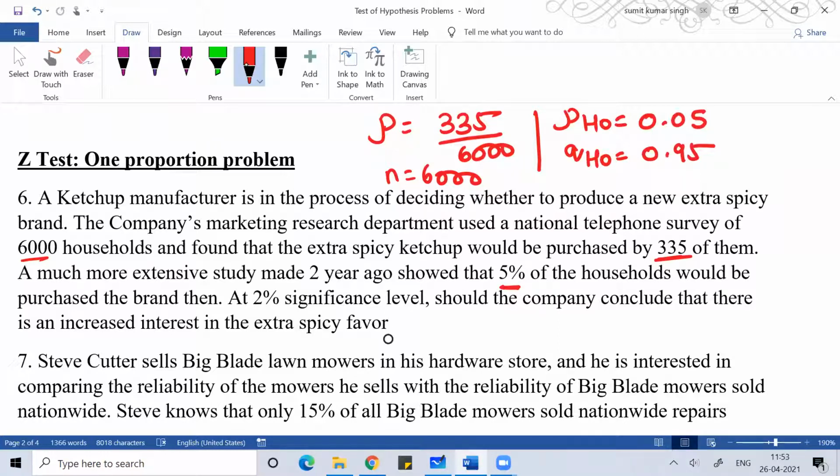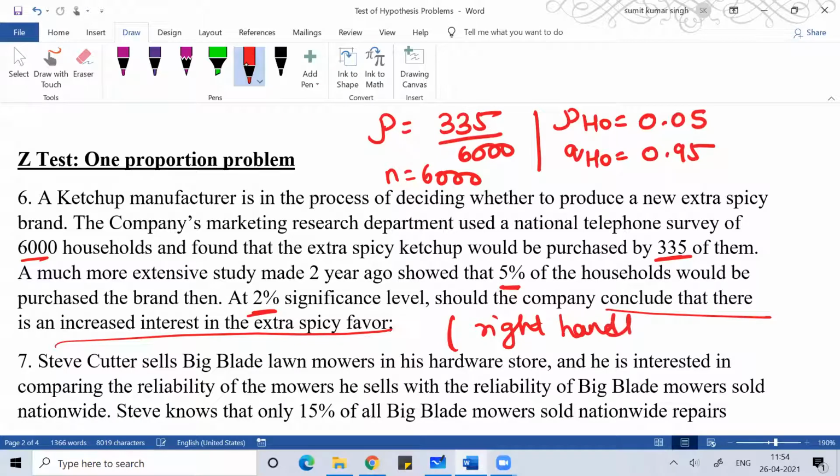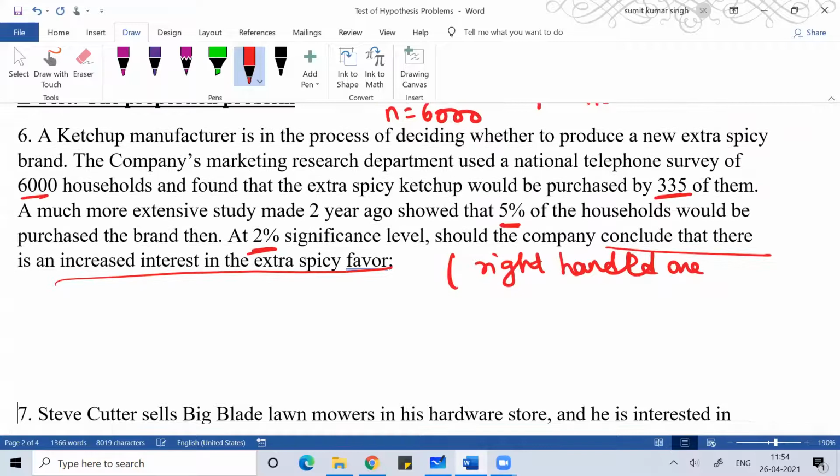You have to do this at a 2% significance level: should the company conclude that there's increased interest in the extra spicy flavor? This is a right-handed one-tail test, because the word increase is there. Your level of significance would be 2%.